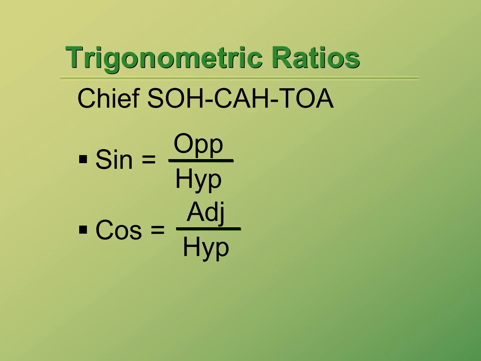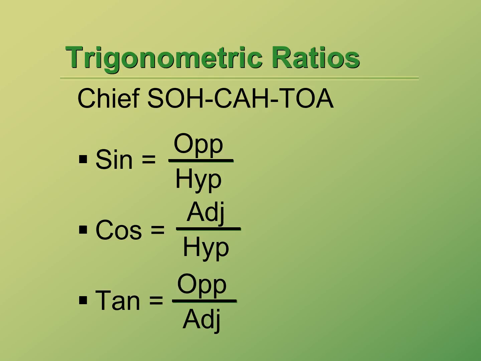So notice how the C stands for cosine, and we abbreviated cosine to COS. And then the A in CAH stands for adjacent, which is the numerator of your cosine ratio, and then the H stands for the hypotenuse.